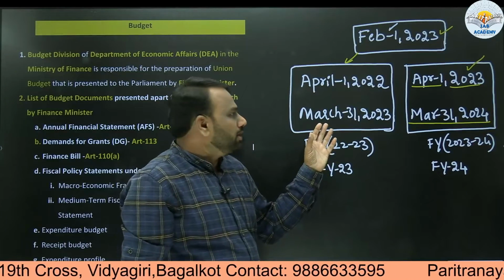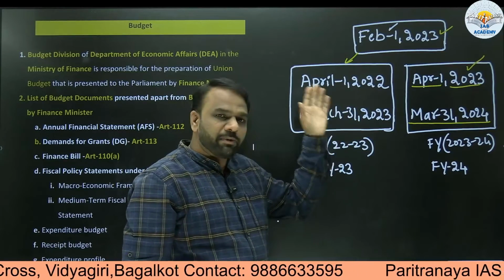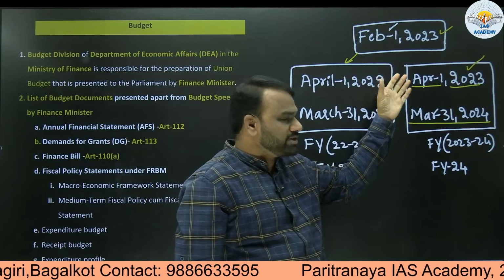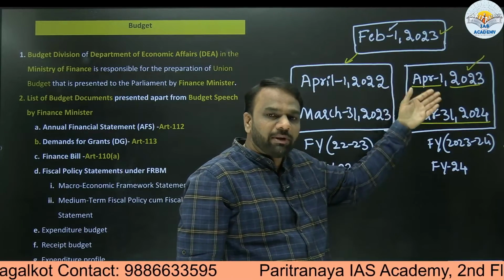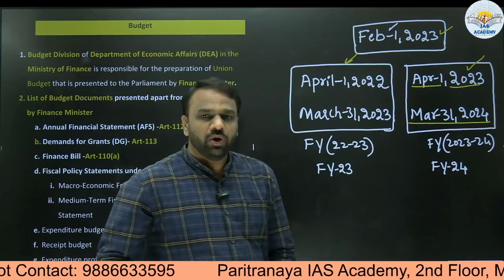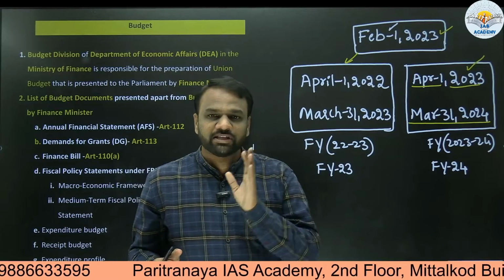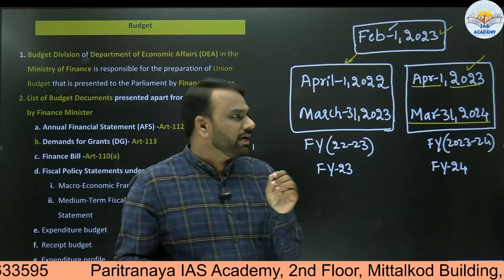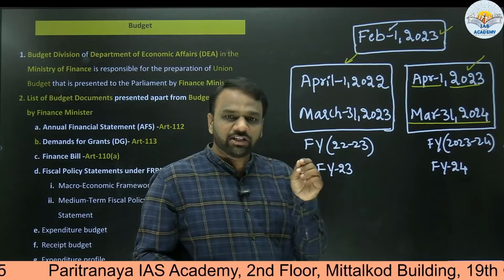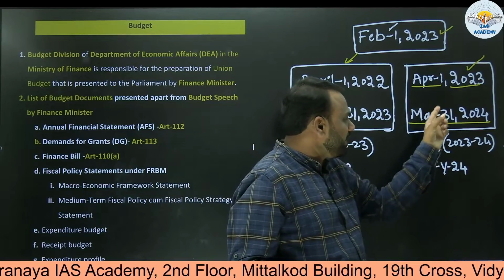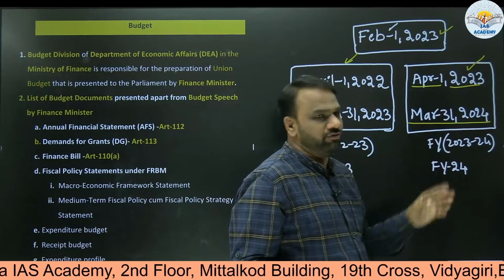That budget was already proposed in the previous year, but now on February 1, 2023, the budget will be for the upcoming financial year. Unlike other years, January 1 to December 31, our financial year begins on April 1 and ends on March 31. So if it begins on April 1, 2023, it will end on March 31, 2024.